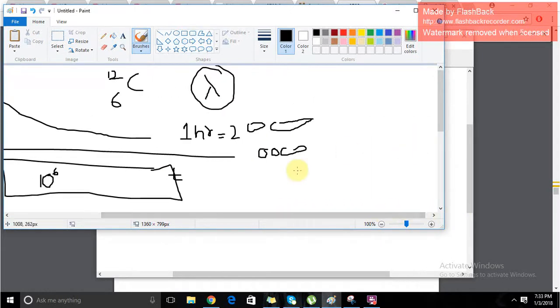And how do you get that? Because we have an hour and the number that have decayed are this much, and the total number that were there and had the potential to decay is this much. 1 million has 6 zeros, something maybe you know, but you will still forget, likely.